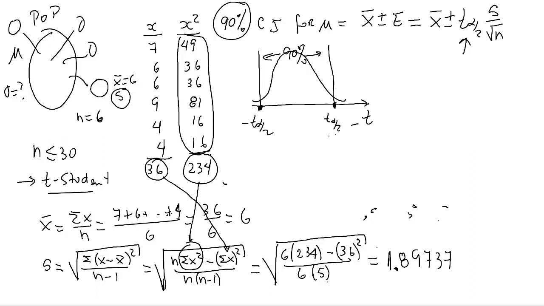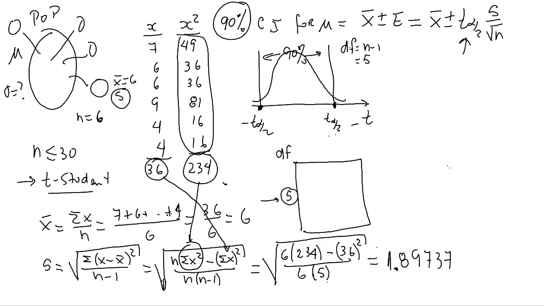If we want a 90% confidence interval, we go to the table for t-student. In this column, we need to find the degrees of freedom, which is given by n minus 1. In this case, 6 minus 1 is 5. I have to enter that table through 5 degrees of freedom.